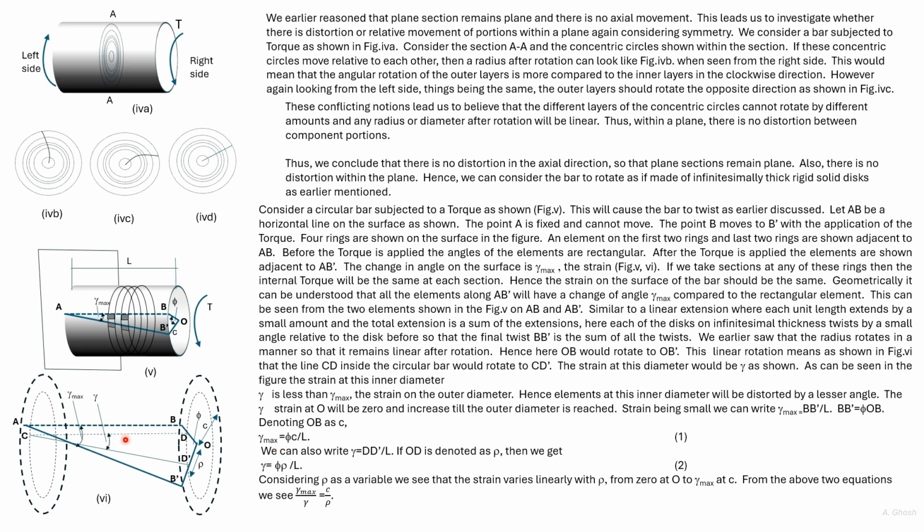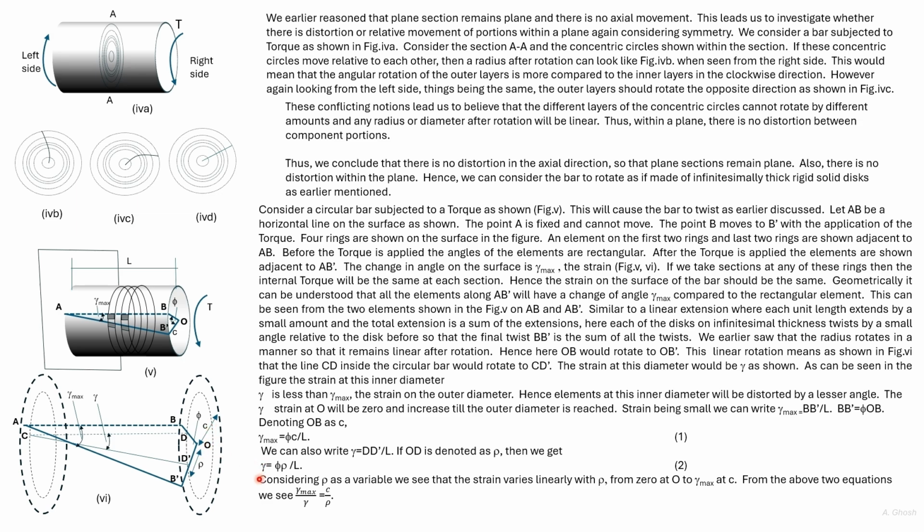We can similarly write gamma is equal to D dash divided by L. Now D dash is equal to phi into OD, where OD is denoted as rho. So D dash is phi into rho.